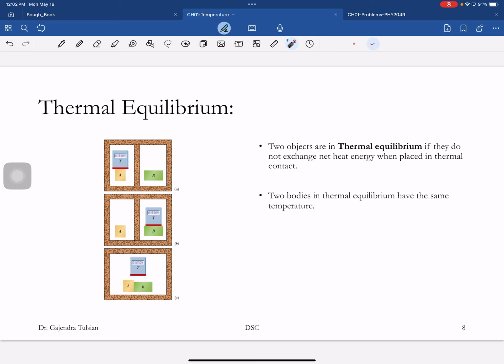So do you know any objects that are in thermal equilibrium? Every inanimate object in this room is in thermal equilibrium with each other. Every chair is in equilibrium with the floor, and so on. Are you in thermal equilibrium with your chair? No. Why not?